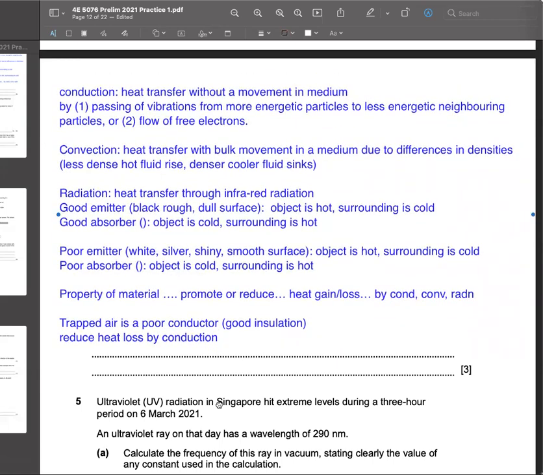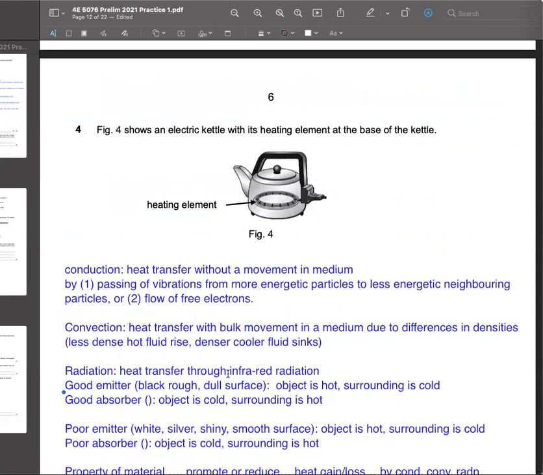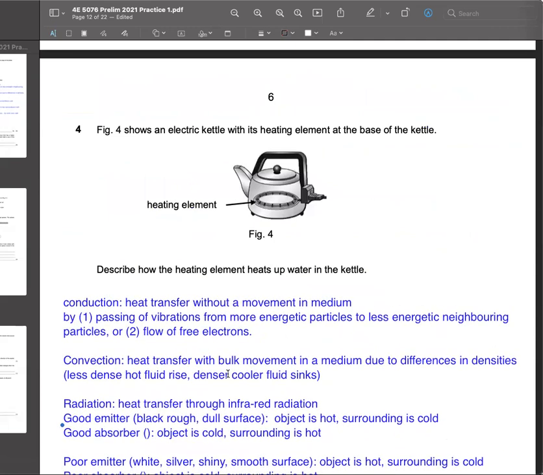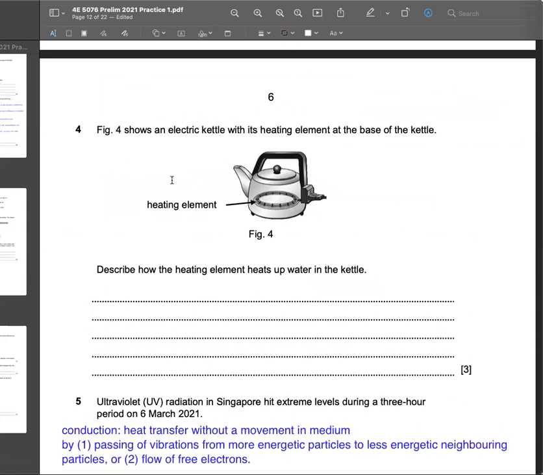So in this question, describe how the heating element heats up all the water. Then what will you say? It is three marks. So you will say number one, the water nearest the heater gains heat by conduction.